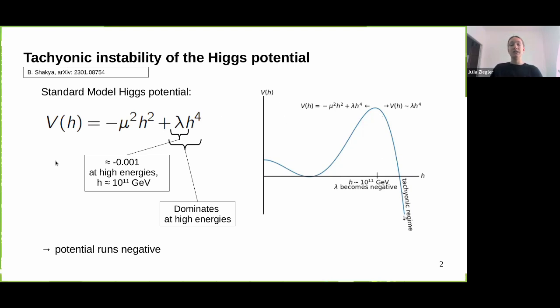And at energies around 10 to the 11 GeV, this parameter lambda runs negative. So then we run into this negative regime, or tachyonic regime, that you can see here on the right end of the plot. And in this tachyonic regime, the mass squared of the Higgs particles would be negative.